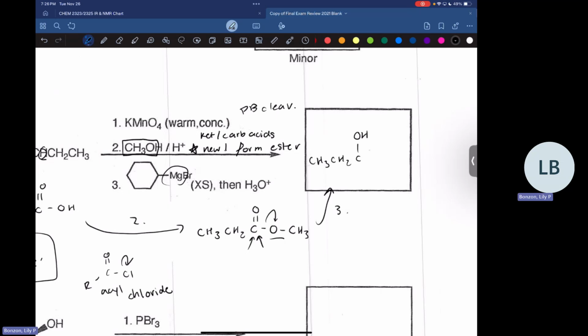Our double bonded oxygen becomes the alcohol, and then we're adding 2 of our Grignards, which are going to be the hexane.